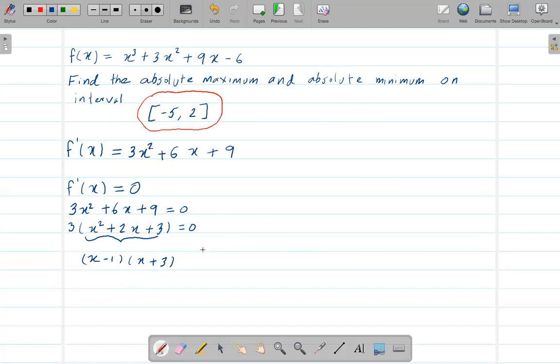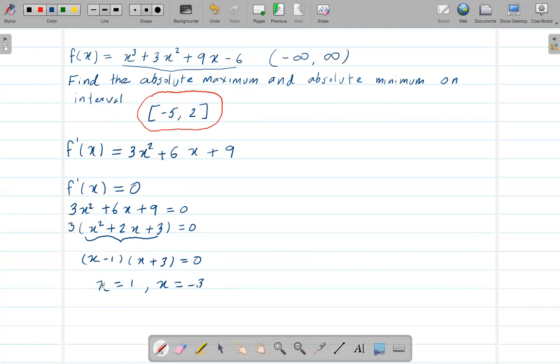So x equals 1 and x equals negative 3. Since this is a polynomial equation, all the numbers here are going to work.